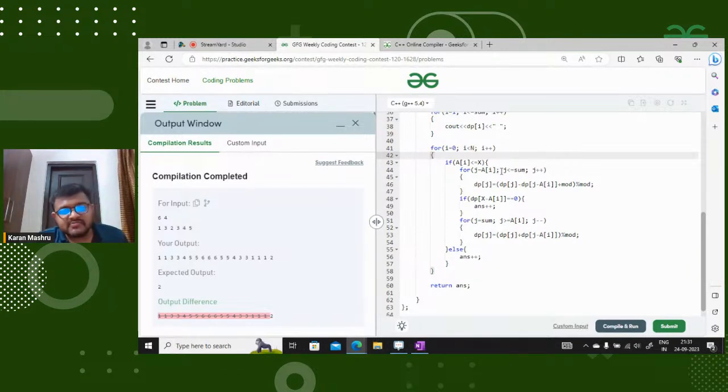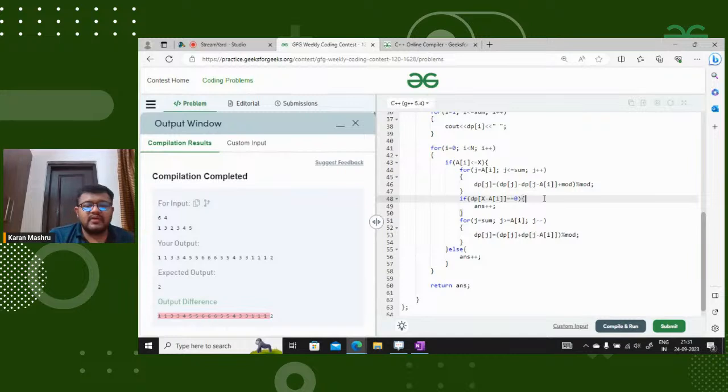So the subsets which I need to consider will start from a of I, because if a of I is a part of that subset, its sum will be at least a of I, and I'll go up till sum. And what I'll say is dp of j is equal to dp of j minus dp of j minus a of I plus mod, modulo mod.